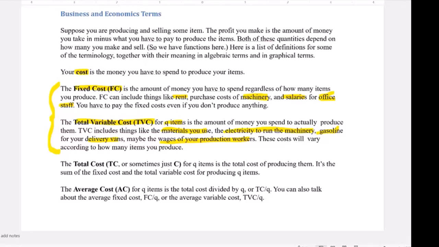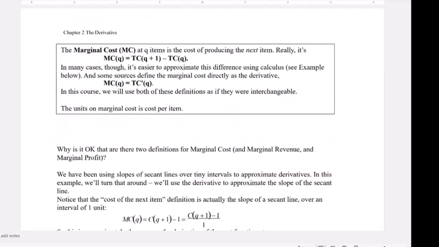Okay. Then we have total cost. And of course, total cost is equal to fixed cost plus total variable cost. And then we have average cost, which is still different. Total cost divided by Q, which is the number of items we're producing. Now we have something new that we would only have in a calculus class, the marginal cost.